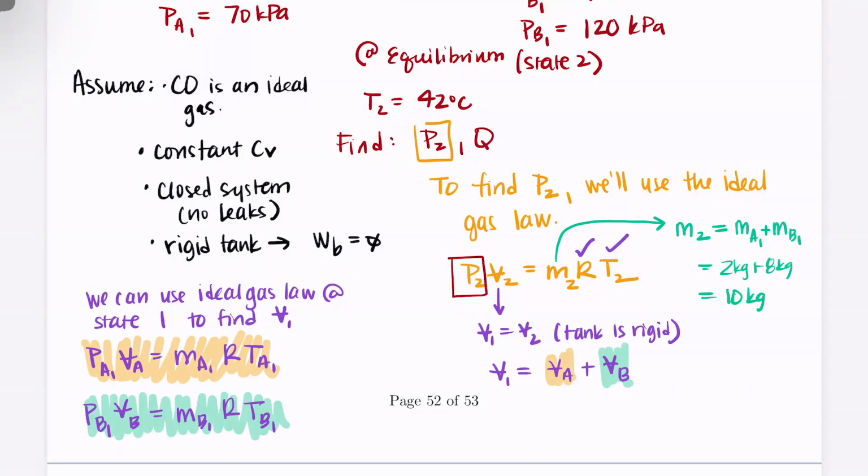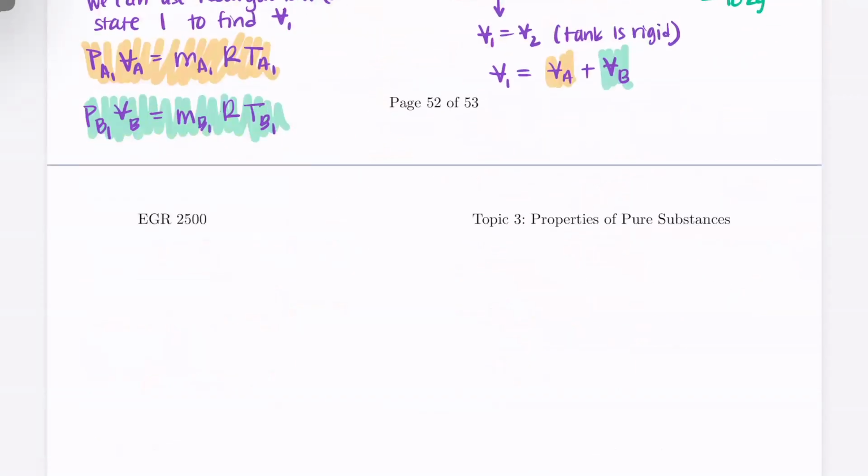Okay, so let's do that. For VA, we have that MA1 R TA1 divided by PA1 is our VA. We have all of these things.